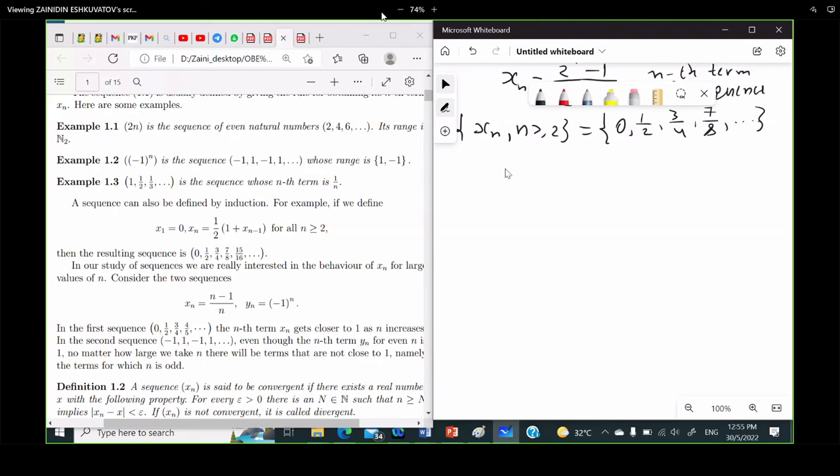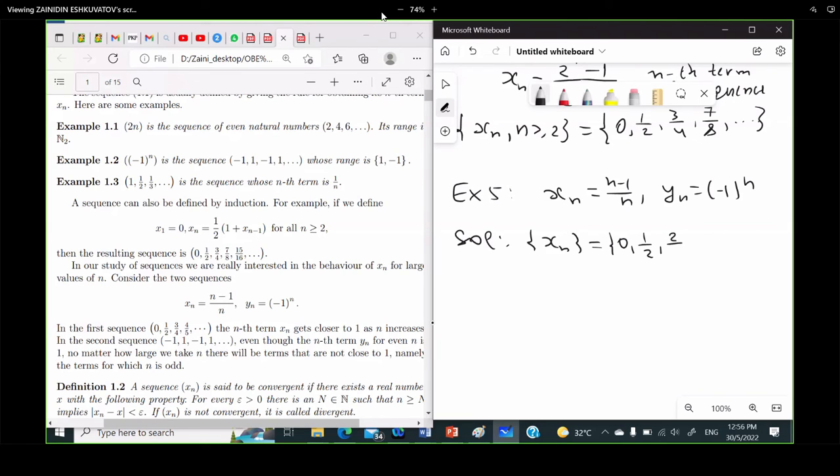You see, here a very nice example is given. Next, example 5. xn is given as n minus 1 over n, and yn is given as minus 1 to the power n. Solution: the range of xn, when n equals 1, is 0, then 1 over 2, 2 over 3, 3 over 4, and so on.